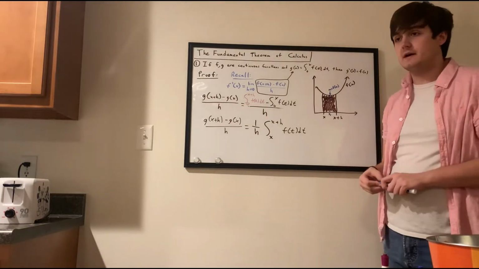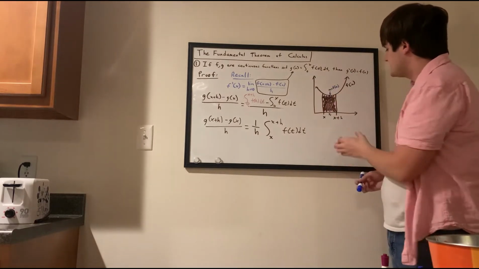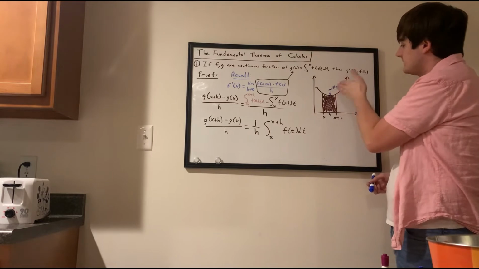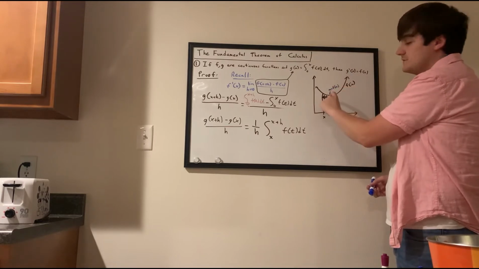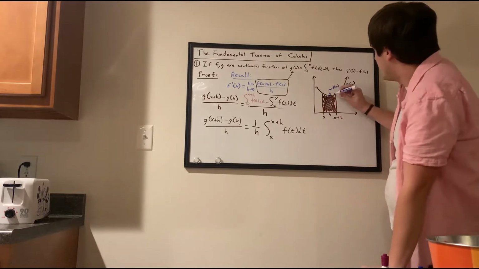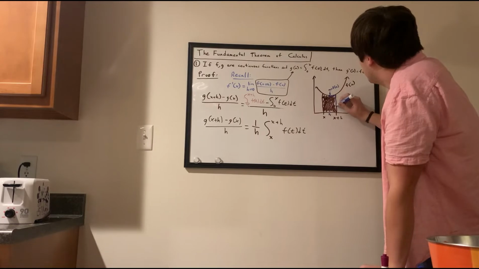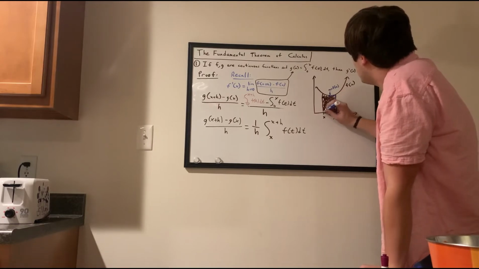What's going to happen if, instead of taking f of x itself, I simply take that little m and make a rectangle using that value, based on my interval? Well, I'm going to get a rectangle that's about here.